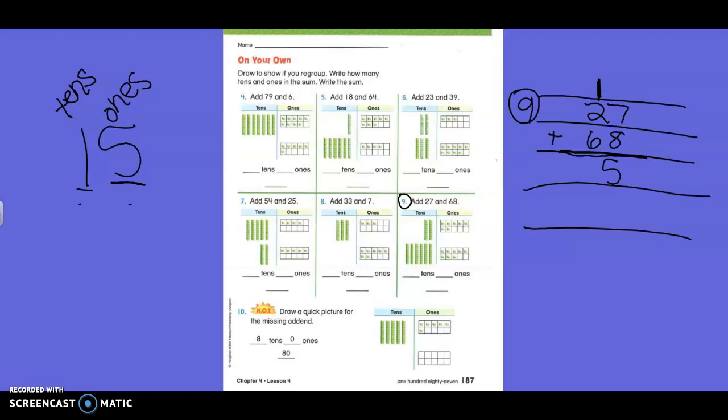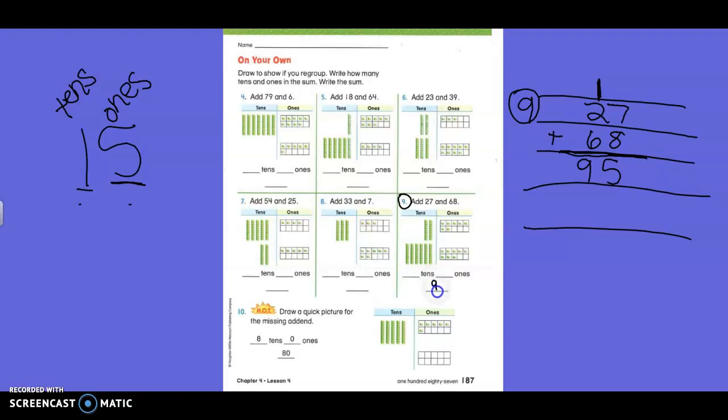Now what do we do? Chase? Add the 10s. 1 plus 2 is what? I always do 2 numbers first. Yes. 1 plus 2 is 3. 3 plus 6. What's 3 plus 6? Yes, 9.